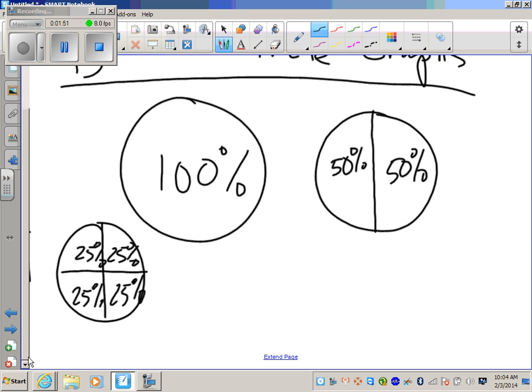If we were speaking in terms of degrees for a circle, how many total degrees make up a circle? 360, right? If you spin all the way around in a circle, it's 360, okay?